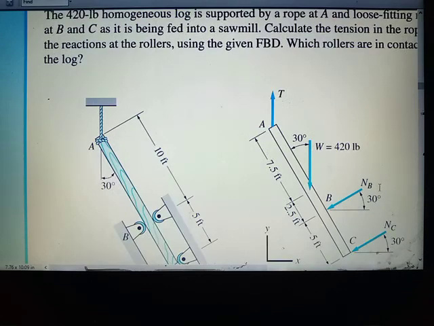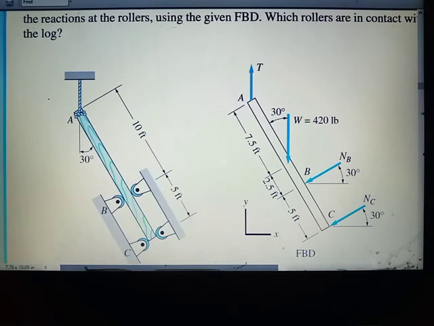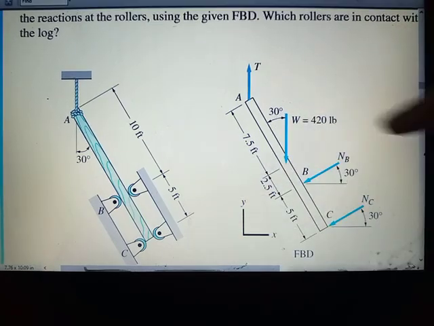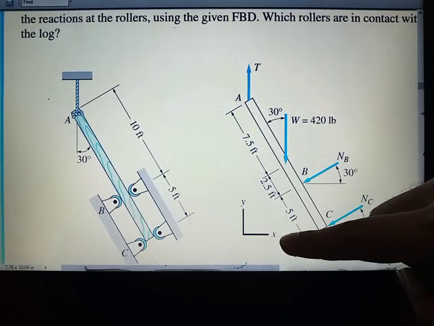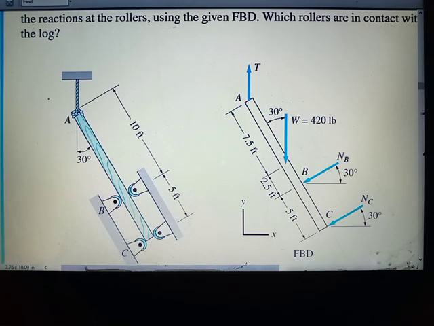So ito. Okay. So ito, patagilid siya. Okay? You can assume, but somehow dito sa solution niya, X and Y axis yung normal na ginamit niya. So bakit? Kasi okay?